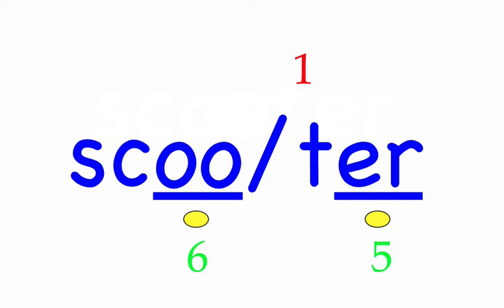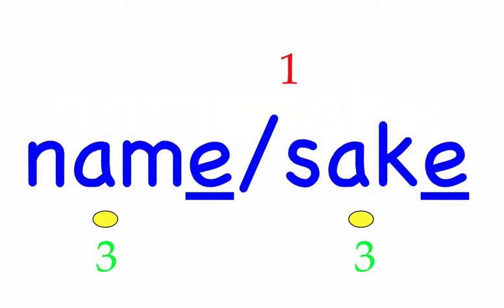Name, 3 sounds. N, A, M. Sake, 3 sounds. S, A, K. Namesake. Mark the word. Boyhood. He had a happy boyhood. Boy has 2 sounds. B, oi. Hood, 3 sounds. H, oo, d.